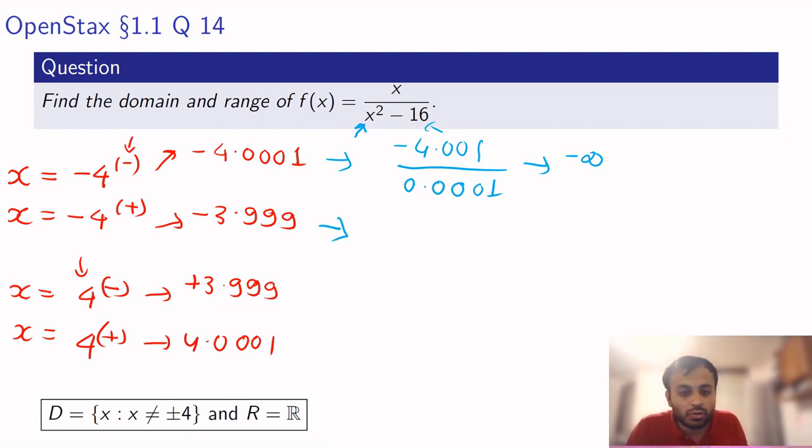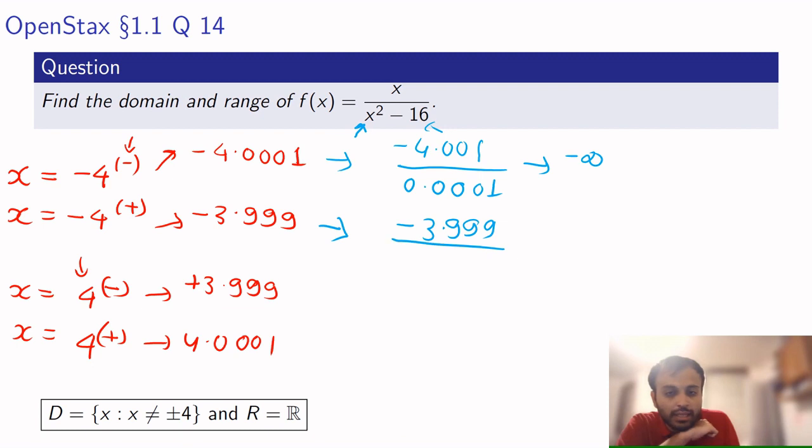Similarly, if you plug in this value, you'll get something like this. If you square it again, the minus sign will go away, but 3.99 is less than 4, right? So if you square 3.99, it would be slightly less than 16. In this case x squared is slightly less than 16.